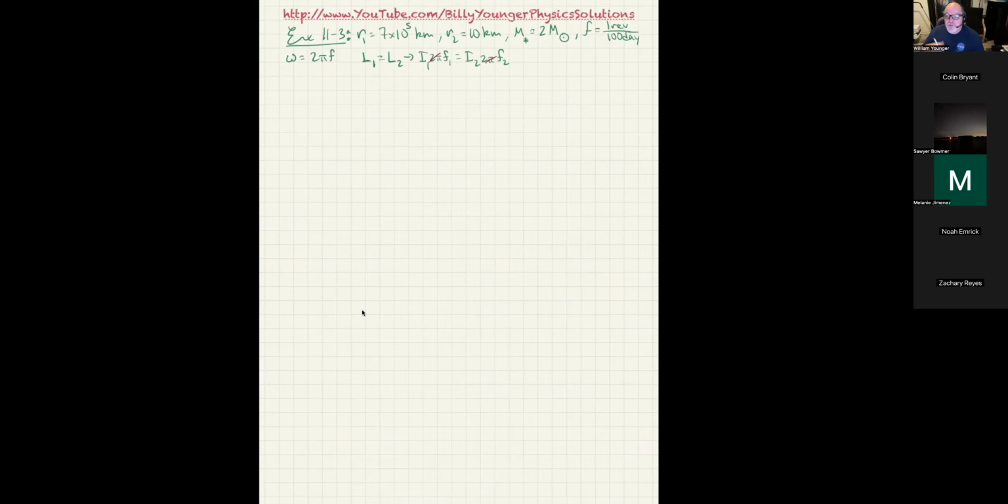For stars, they're generally spherical, and the moment of inertia for a sphere, which you can find in a table or derive yourself, turns out to be 2/5 m r squared. So I'm going to say 2/5 times 2 times the solar mass times R2 squared. That's the moment of inertia.